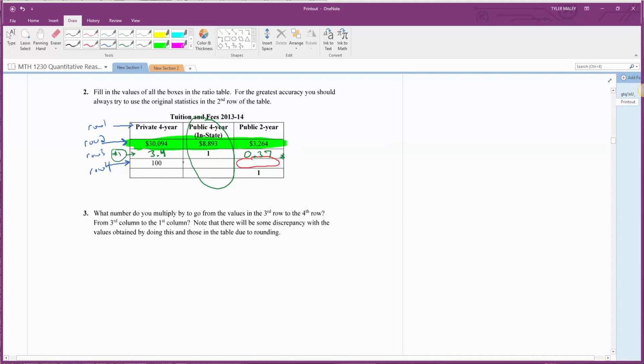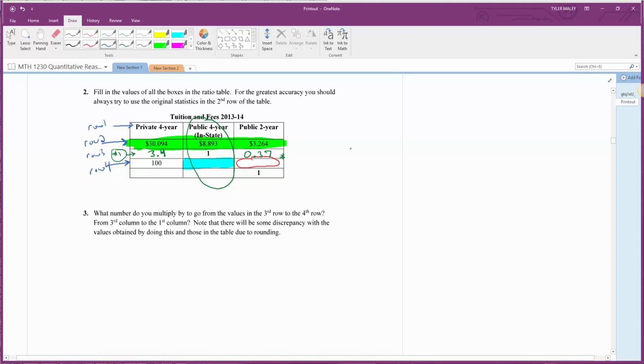So for example, if I want to fill in this value in the light blue, I would take this value on the left, 100, and compare it to another value in the same column.